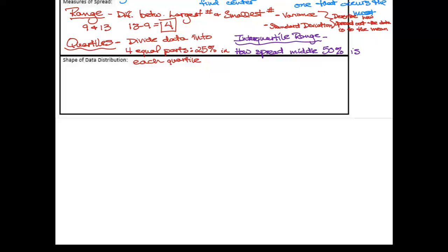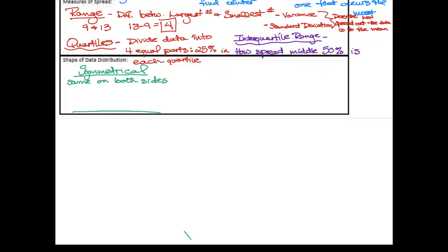So first up, we have symmetrical. Symmetrical means it is going to look the same on both sides. The same on both sides.